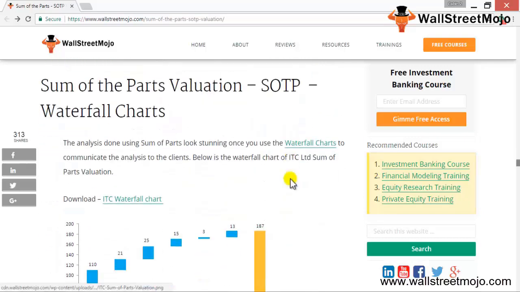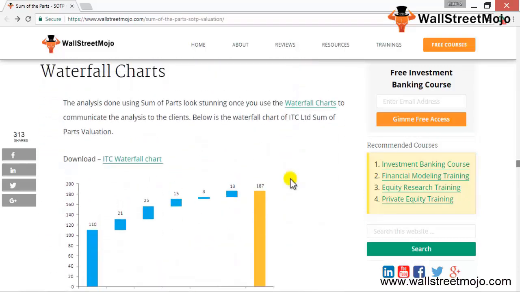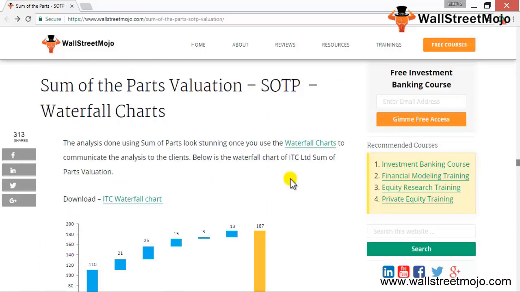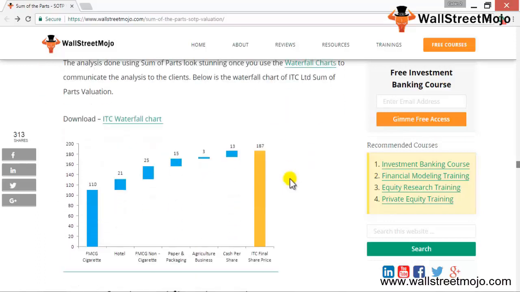Alright, and if you come down here, you would see the waterfall for the ITC, which we have just discussed. So if you look at the waterfall chart, you would see that FMCG cigarette is contributing the most, which is almost 65+% of 187.